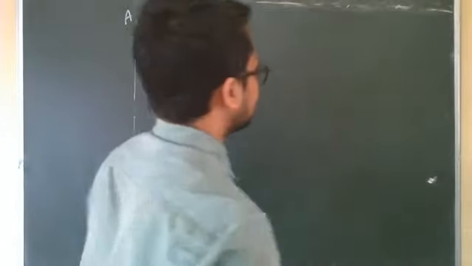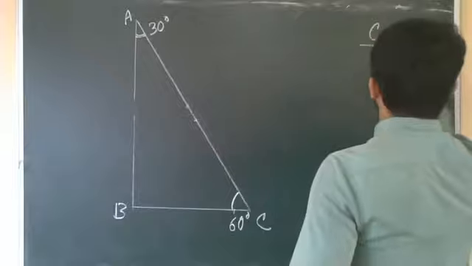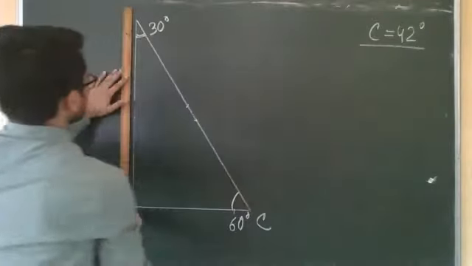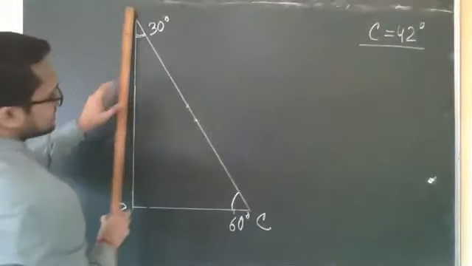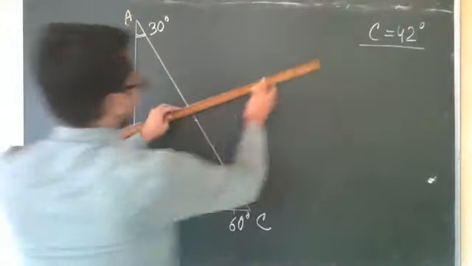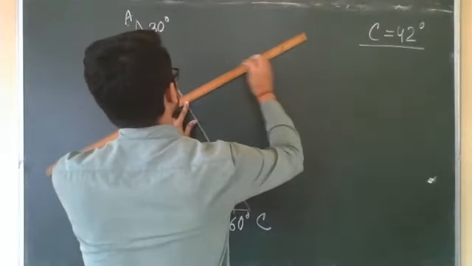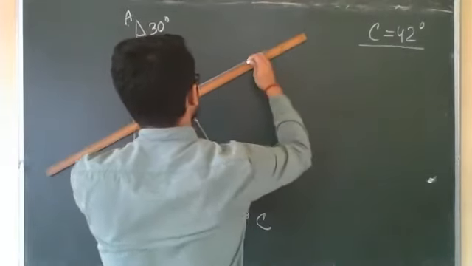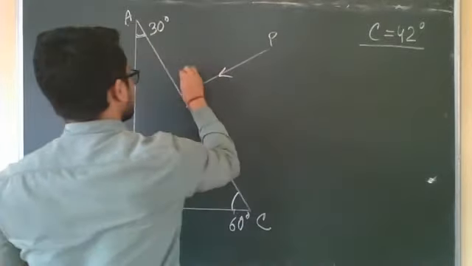Critical angle is 42. Now light is incident at surface AC, at the hypotenuse, normally. So here normal incidence at surface AC. Give them PQ.